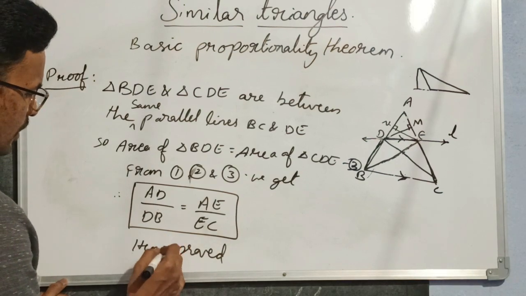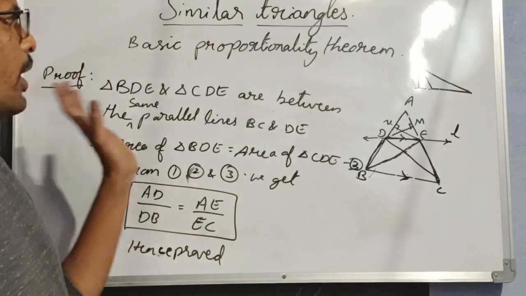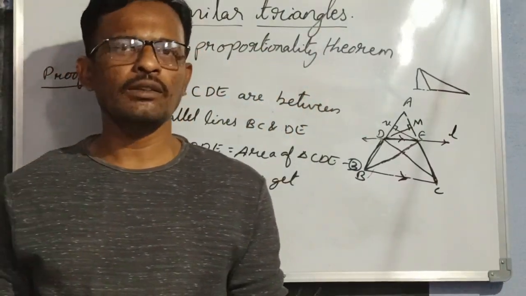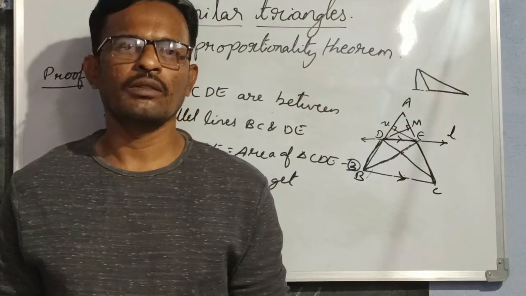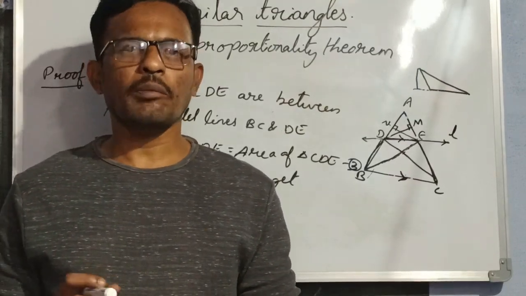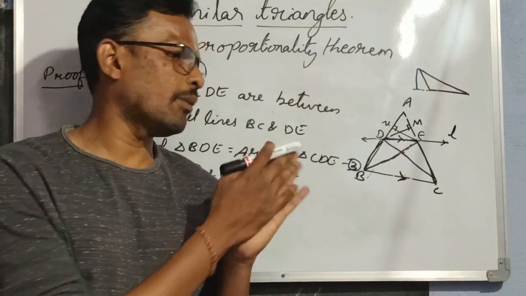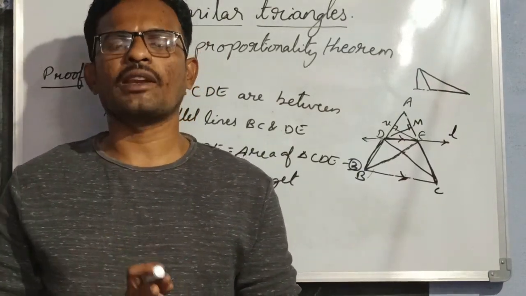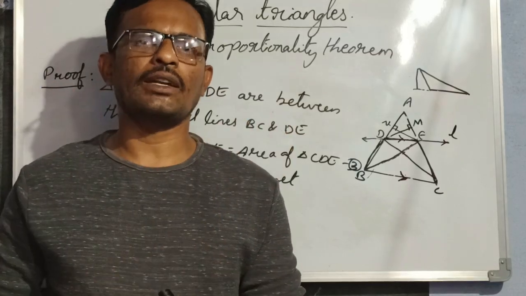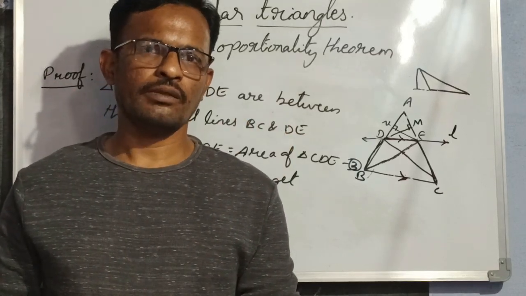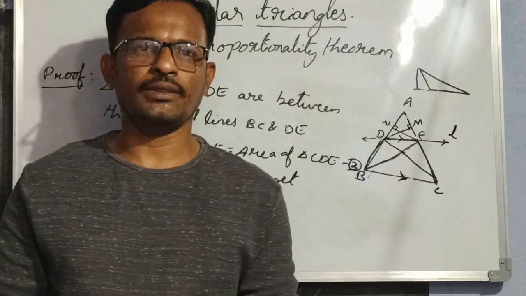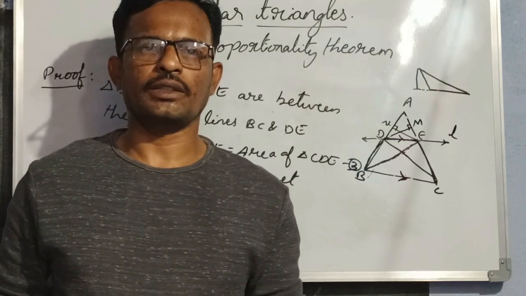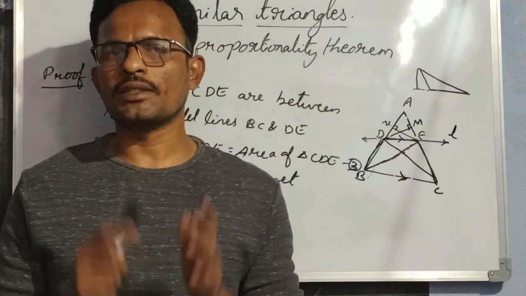This is the very important first theorem in similar triangles, the basic proportionality theorem. If you are not able to understand when I am writing like this, once you listen to my concept, go through what is given in the textbook, then definitely you can understand. Geometry we can get only by listening and practicing.